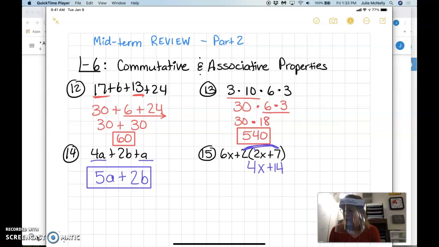And then bring down that first term because we didn't use it yet. Now, what are my like terms? 6x plus 4x. What is 6x plus 4x? 10x. Bring down the 14. Can I combine anything else? No, because I have a variable with just a number, so I'm done.